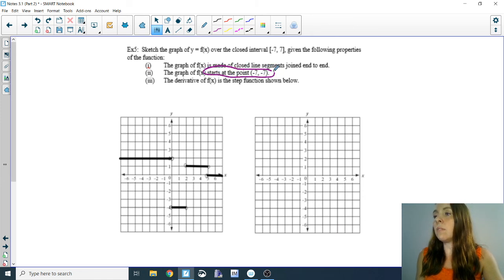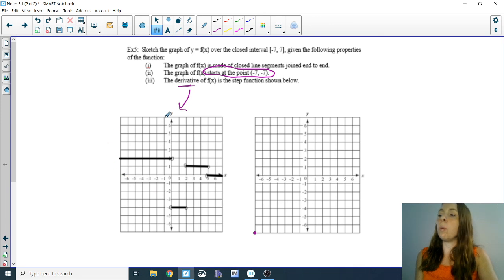This can get confusing sometimes. You see a -7, 7 here. That's the given x interval, meaning you're going to go from here to here along the x-axis. This point, -7, -7, which is way down here, that's your starting point. And finally, 3, the graph of f of x is the step function shown below. So this graph is the derivative.